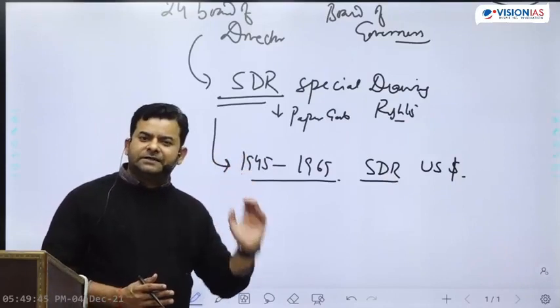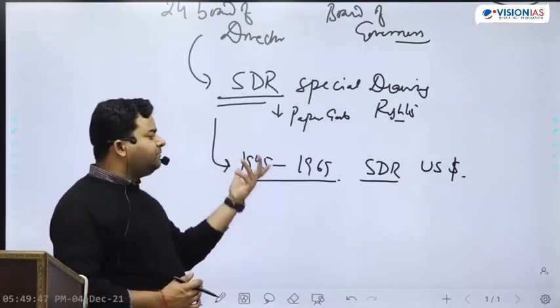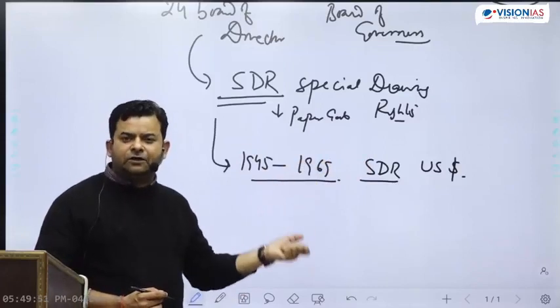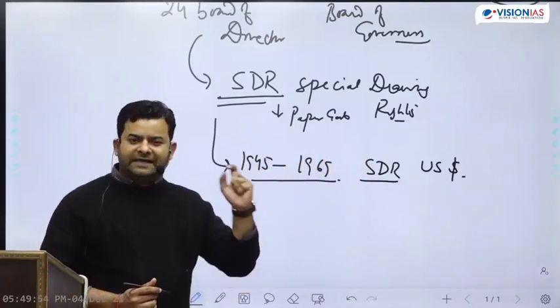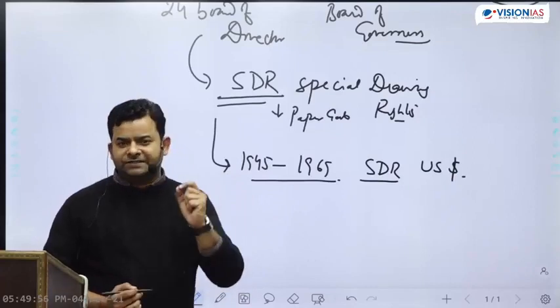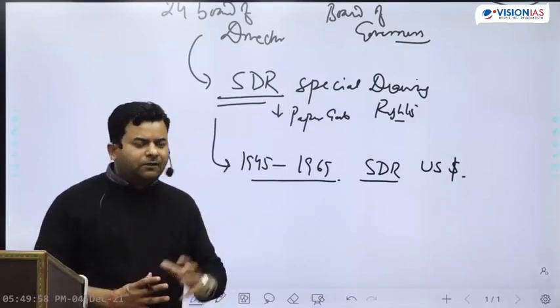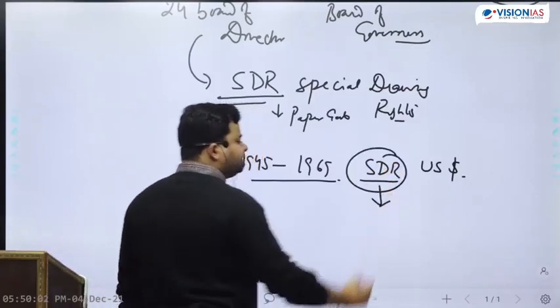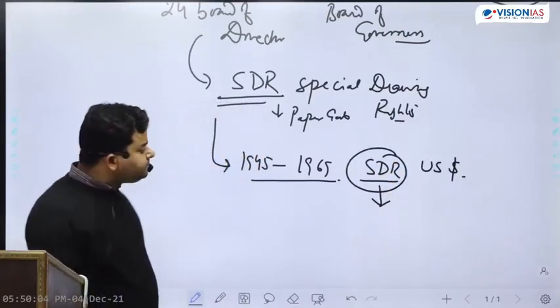As Nixon discontinued it, people started asking, then what is the value of having the US dollar as base? And that's how you might see that SDR came into existence in 1969, and that's not wrong, because from 1969 onwards SDR started having other currencies also, other than the US dollar.